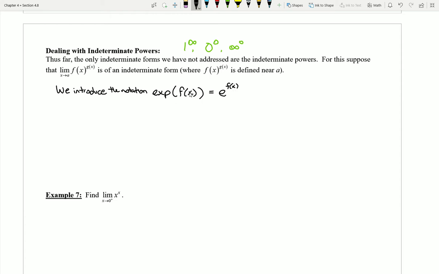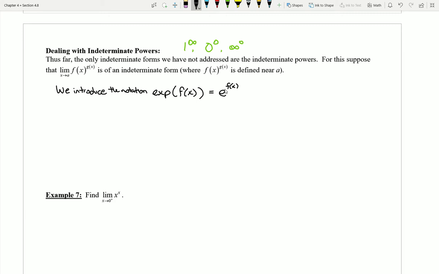Now, this is a very common notation in classes like differential equations, but it's also fairly common within Calc 1 for specifically dealing with indeterminate powers. And you'll see a little more as to why we sometimes prefer to use this exp of f of x form rather than simply writing e to the power of f of x.